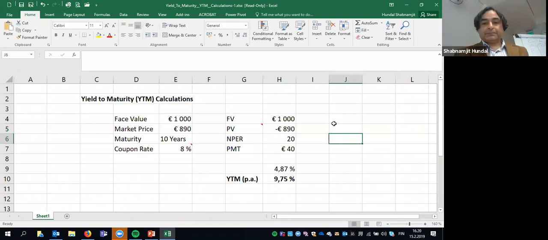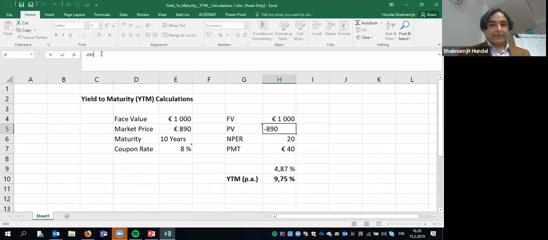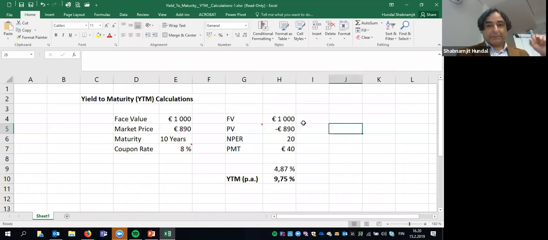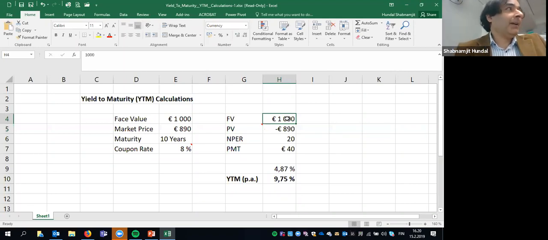You lent something, in this case, I lent you 1,000, and I would remain eternally your debt holder because I will not be able to sell it to somebody else. It means the market value doesn't matter because there's no market.